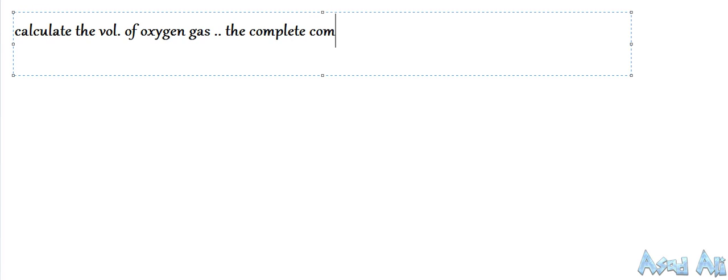The example is, I'm writing it down here. We are asked to calculate the volume of oxygen gas. Oxygen is a diatomic molecule. The complete combustion of 2 moles of CS2, that is carbon disulfide.